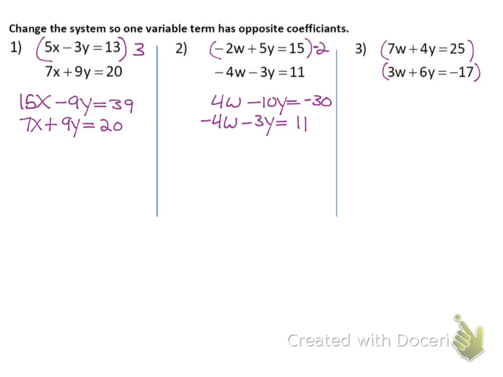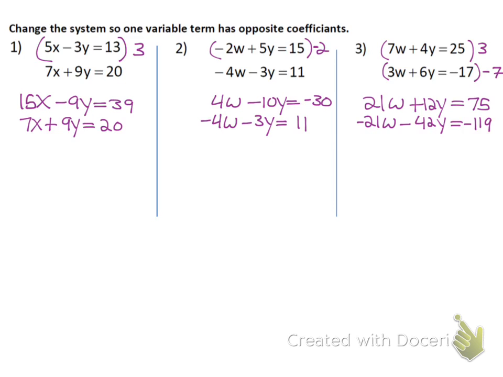So what I'm going to do is multiply the top equation by 3 and the bottom equation by 7. Now, why is that negative? One of these needs to be negative in order for the signs to be opposite. I chose to put the negative on the bottom, but you could choose to put the negative on the top. Either way, when you do this multiplication, your w's are opposite like coefficients. So we were successful yet again.